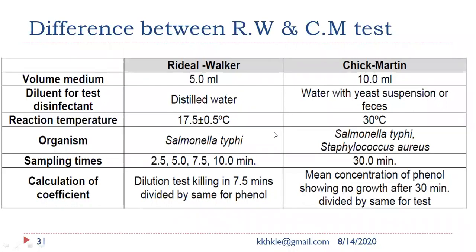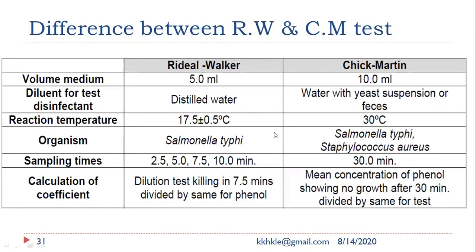The organism might not have killed at 5 minutes, but it might have killed at 5.1 minutes, 5.5 minutes, 6 minutes or 7 minutes. So definitely it need not be exactly 7.5 minutes. That gap of 2.5 minutes, anytime the killing might have occurred, will not be considered for the calculation.